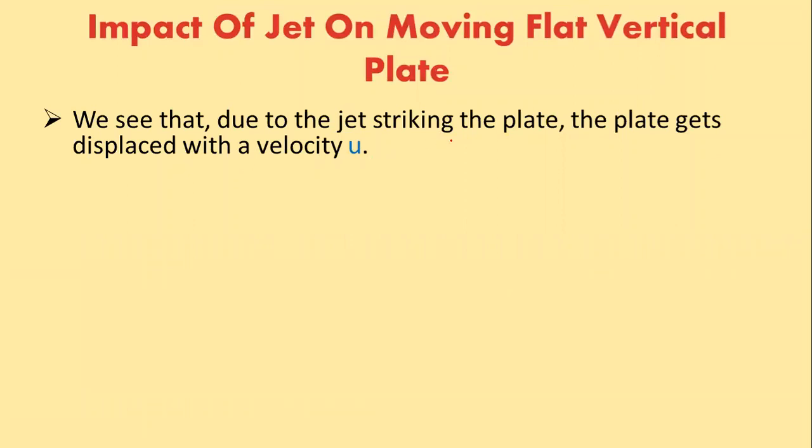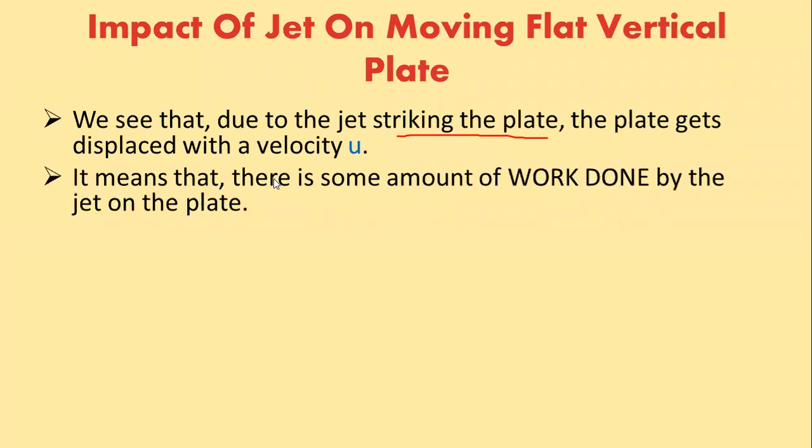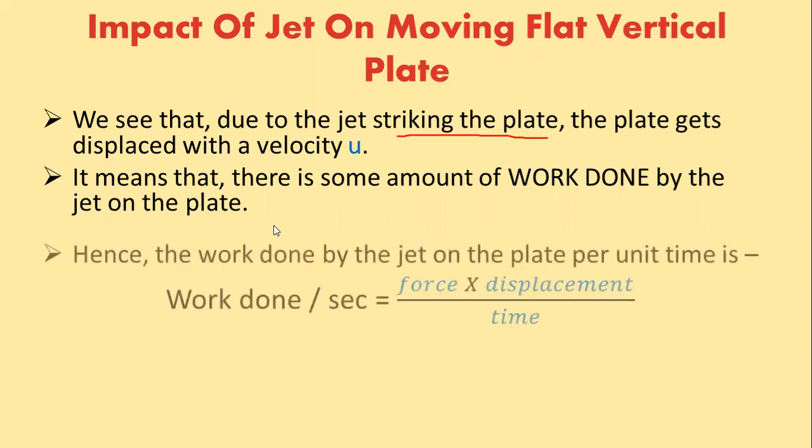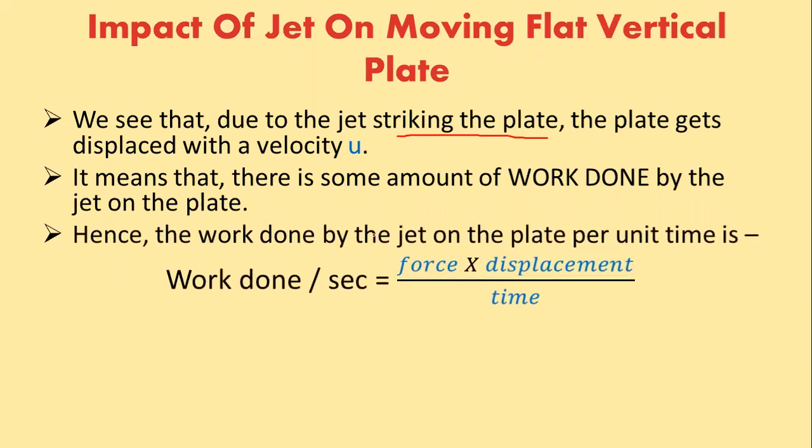We see that due to the jet striking, the plate gets displaced with a velocity u. It means that there is some amount of work done by the jet on the plate. Hence, the work done by the jet on the plate per unit time, that is work done per second, will be equal to... Now, work done is always equal to force into displacement.